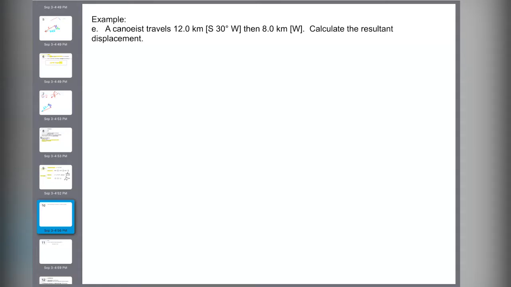So an example here says that you have a canoeist who travels 12 kilometers south, 30 degrees west, and then he traveled 8 kilometers west. Calculate the resultant displacement. So the first step you would do is list out your vectors. These are displacements. Displacement is delta d with a vector sign at the top.